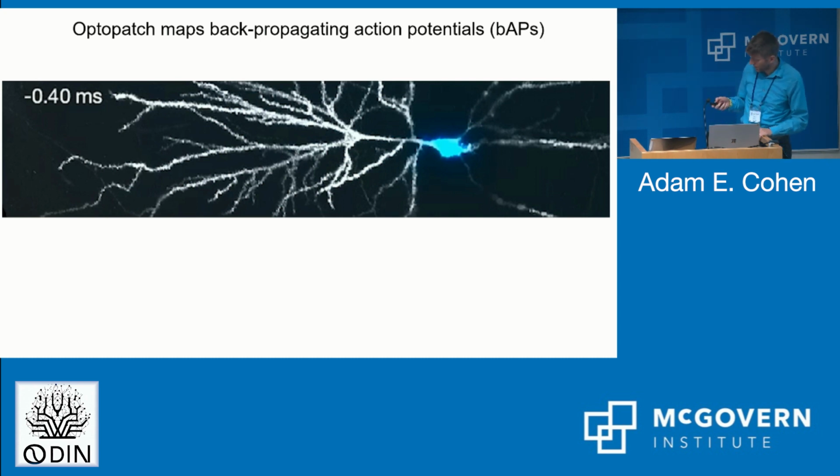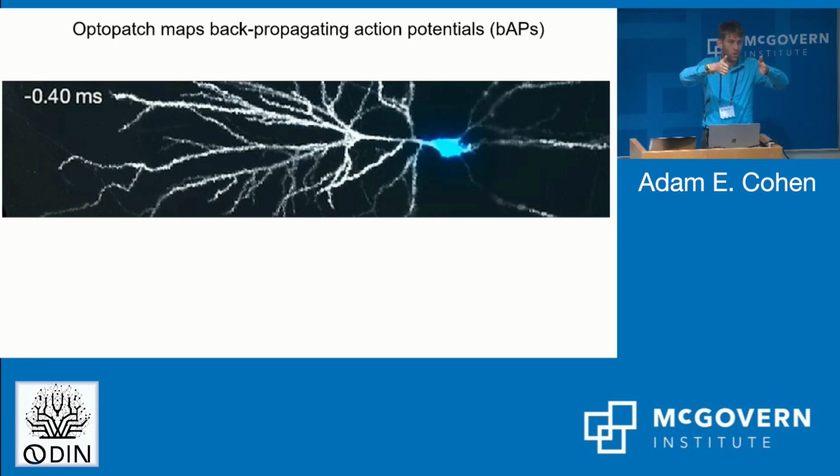So in acute slices, we can use our video projector to target the blue light to different parts of the cell and to map the response. Here's an example where we're targeting the cell body, and the raw video is taken at 1,000 frames a second, so 1 millisecond a frame.